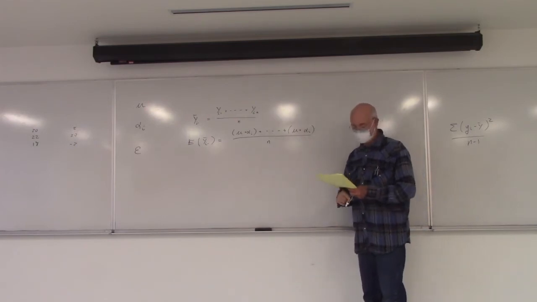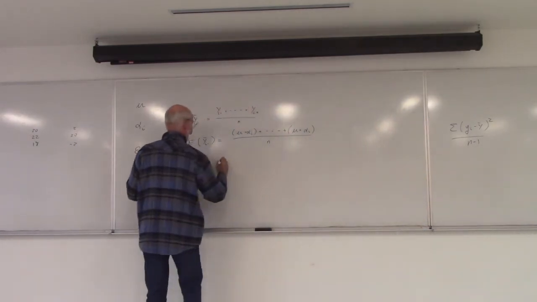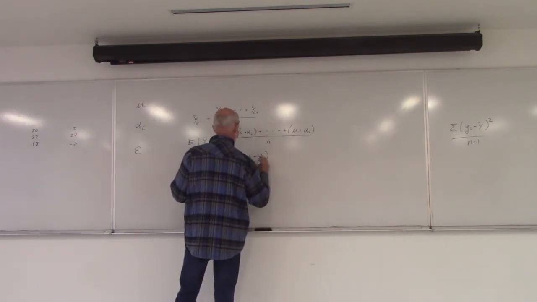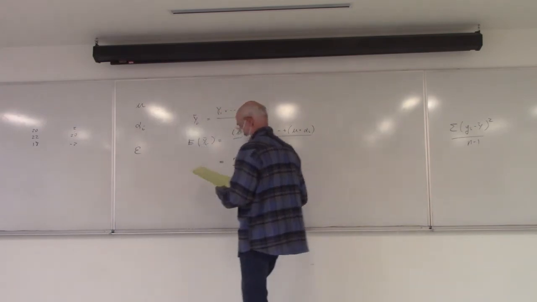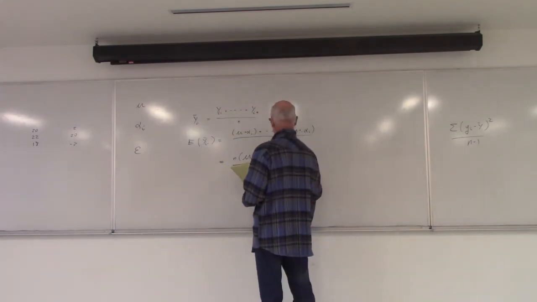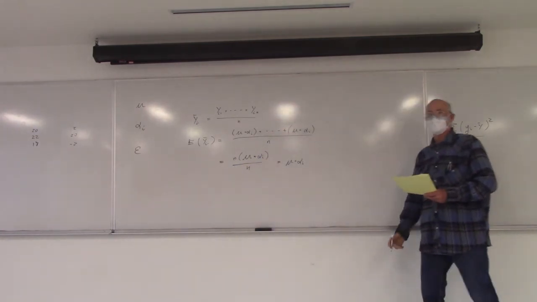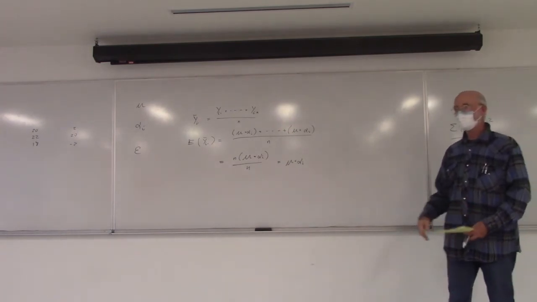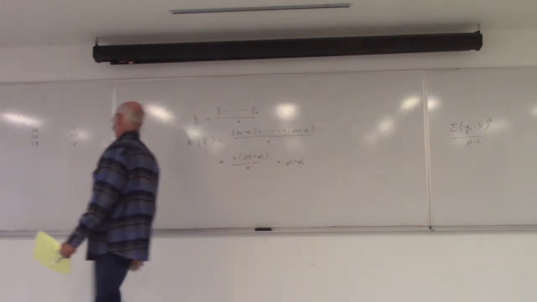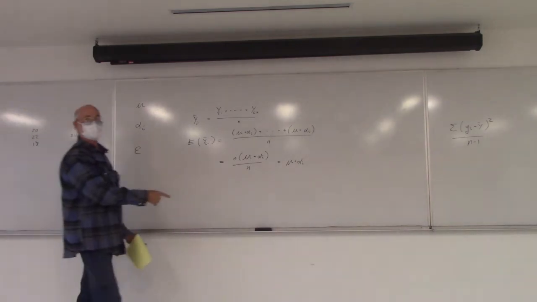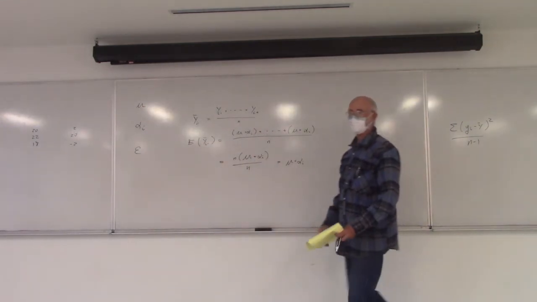And then I just divide by n, which equals n times mu plus alpha i divided by n, which is equal to mu plus alpha i. Yeah. So what's the expected value of the ages of Billy Bob, Joe Bob, and Bob Ray? 20. 20. Okay? That's all I'm saying right here. Same thing.